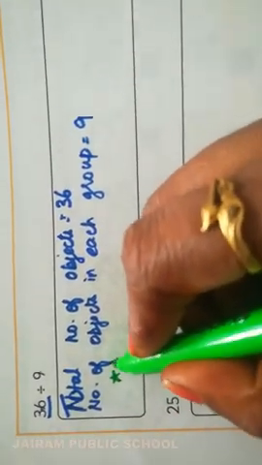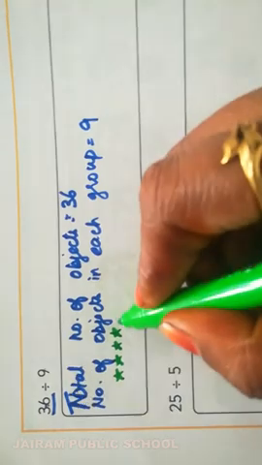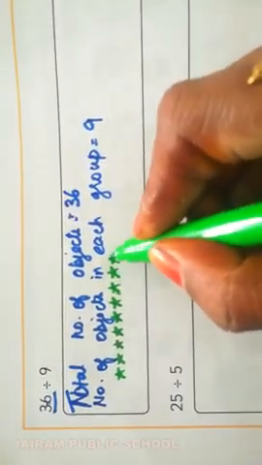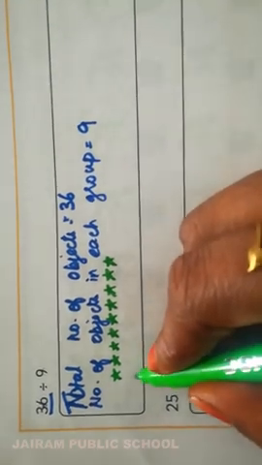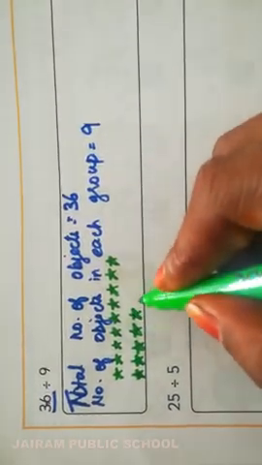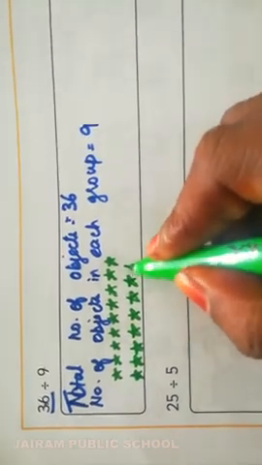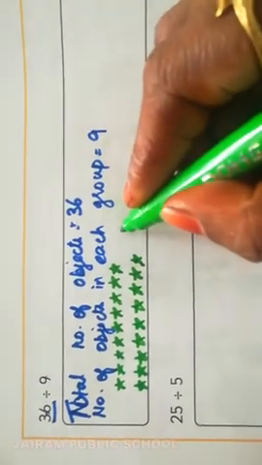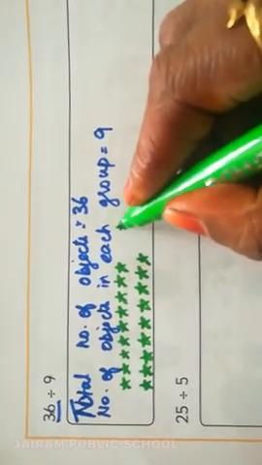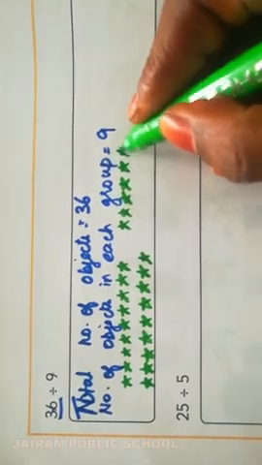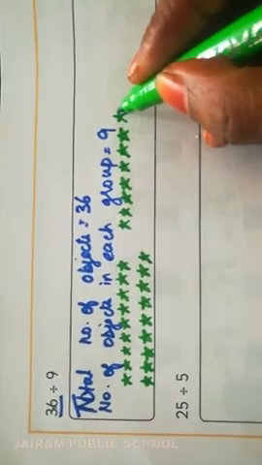1, 2, 3, 4, 5, 6, 7, 8, 9. The second set, 10, 11, 12, 13, 14, 15, 16, 17, 18. Now, another set, 19, 20, 21, 22, 23, 24, 25, 26, 27.